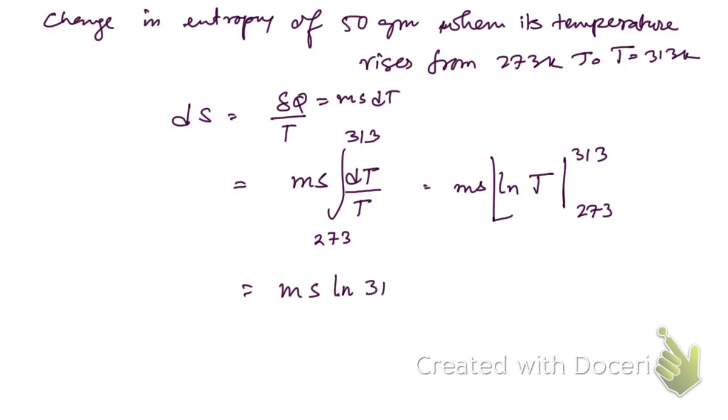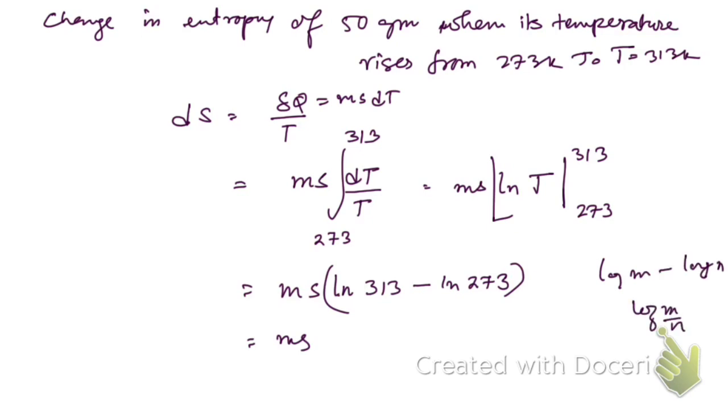Instead of T, first put the upper limit, then minus the lower limit. We know that log m minus log n is log m divided by n, so we get ln 313 divided by 273. It can be converted to common logarithm by multiplying by 2.303 log of 313 by 273.